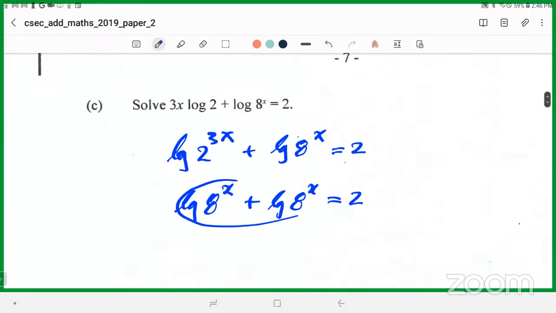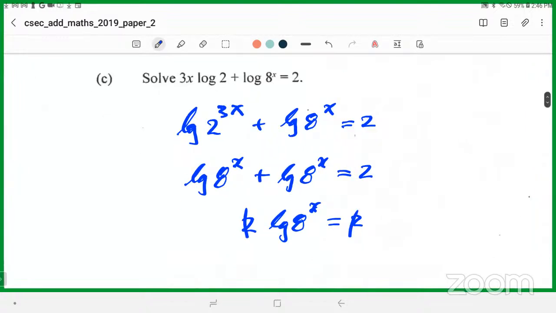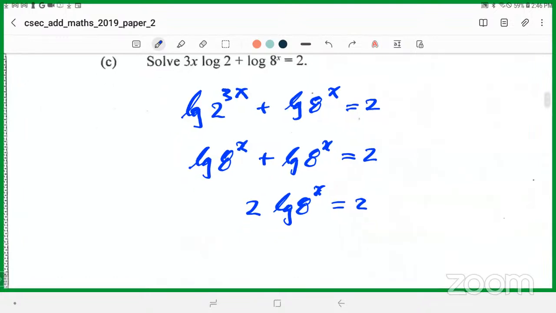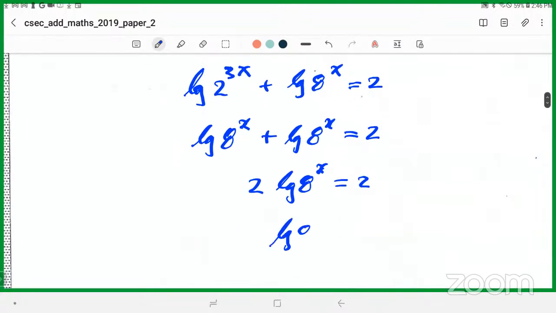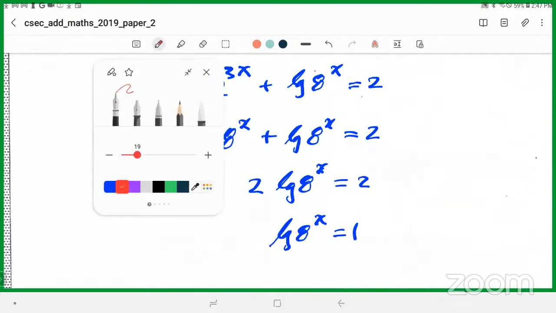Then there are 2 of them here, so we get 2 times the log of a to the x equals 2. The 2's cancel on either side, and so we get the log of a to the x equals 1. Remember, this is base 10, LG means base 10.